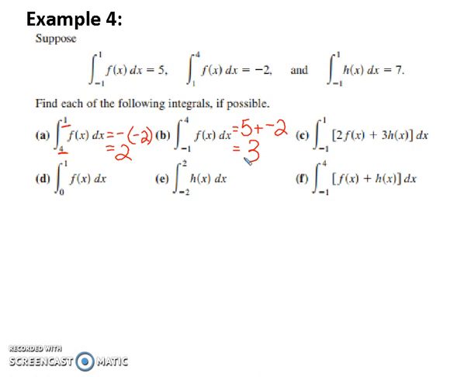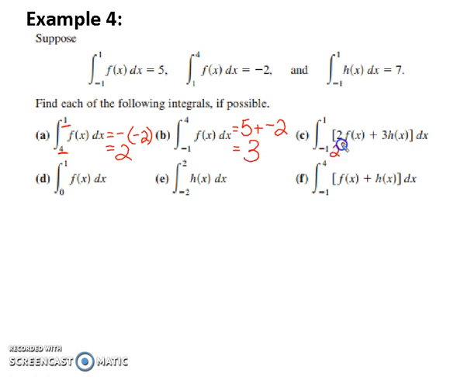C then wants me to do the integral from -1 to 1 for 2 times f of x plus 3 times h of x. So this one uses the constant multiple rule and the sum and difference rule. So the 2 and the 3 you can kind of pull out separate from the functions, and we can separate the process of integrating them.